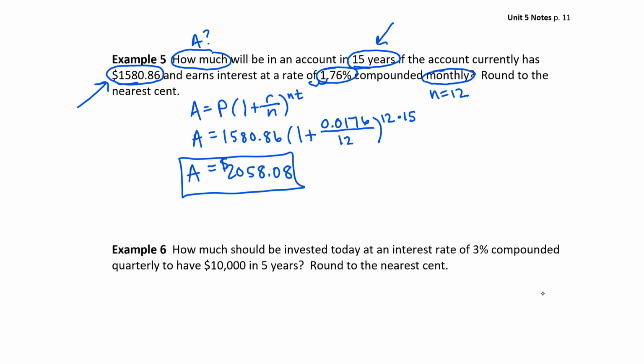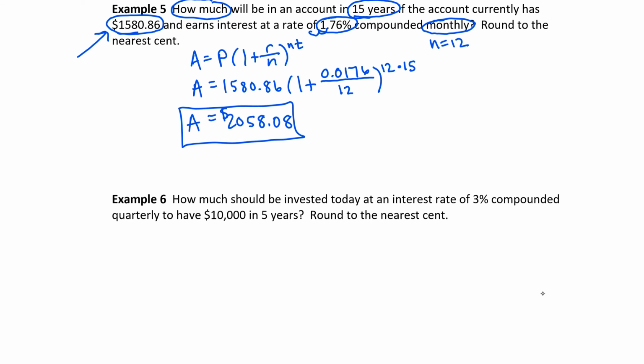For example, you may deposit $50 a month every month into a compound interest account. Then your amount would grow exponentially based on the compound interest and also by your contributions. So that's generally how a retirement account works.